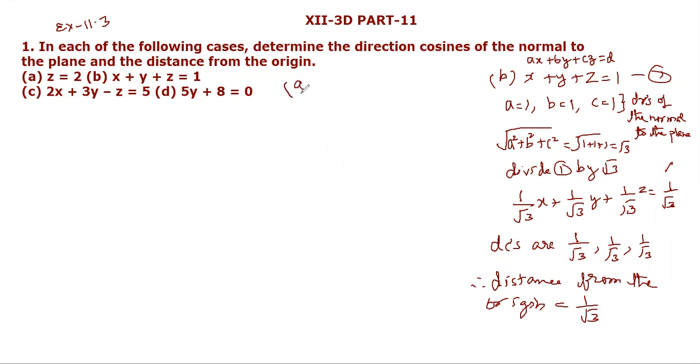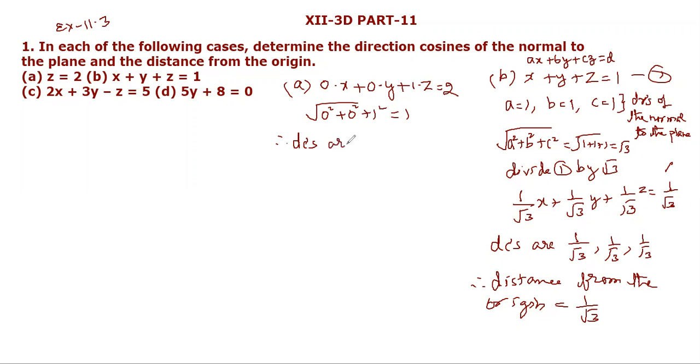In A, if x is not given, you can write 0x plus 0y plus 1 into z is equal to 2. Okay. So you will get under root 0 square plus 0 square plus 1 square, that is 1. So divided by 1 is same. Therefore here DCs and DRs are same because the sum of the squares is 1, and that is the property of a DC.